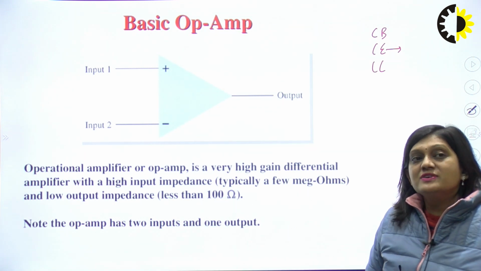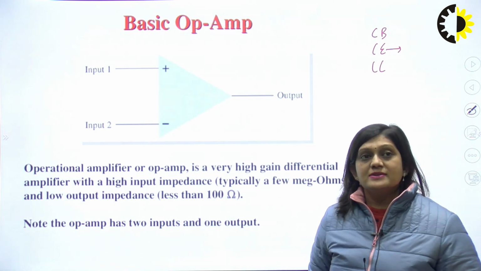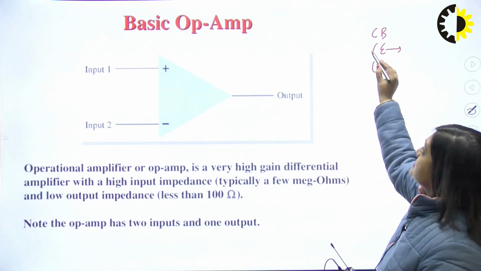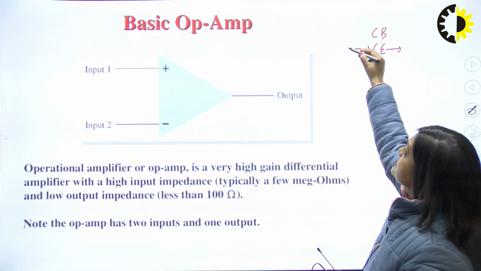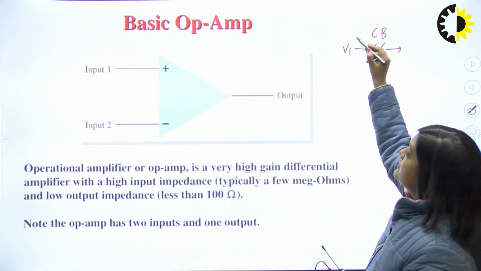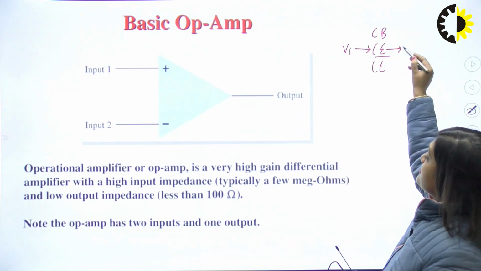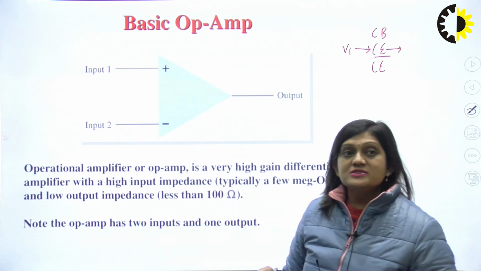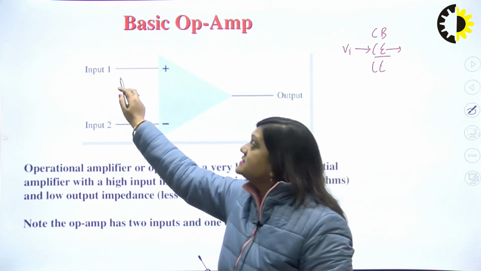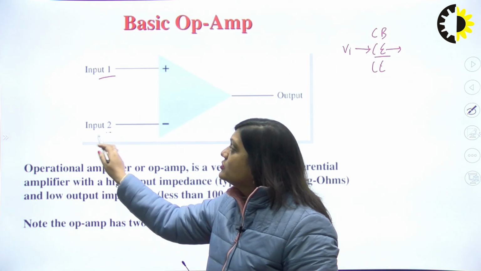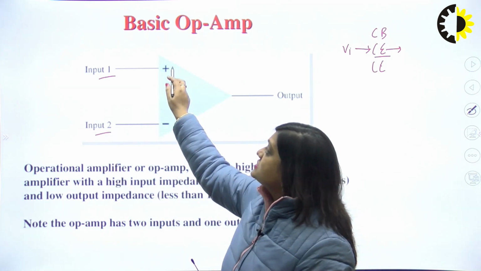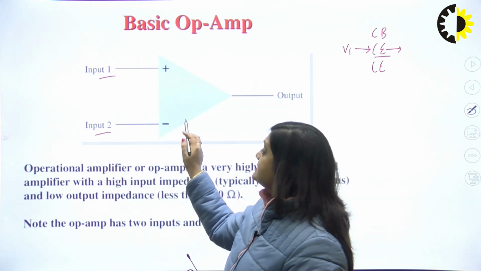But the difference between the BJT and Opamp is that BJT amplifies a single input signal. Like we have a V1 input, so it will be amplified by this common emitter amplifier. But Opamp has two input terminals, input 1 and input 2. This is the positive terminal and this is the negative terminal.